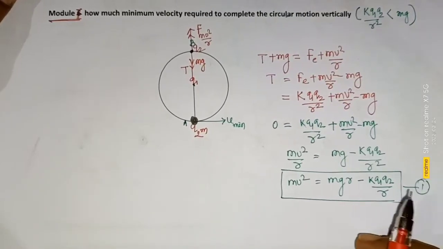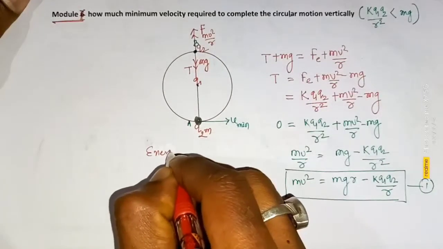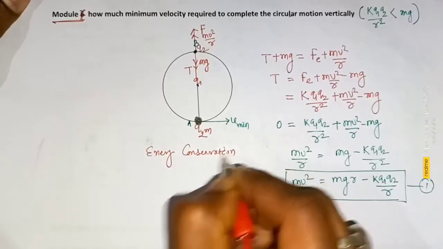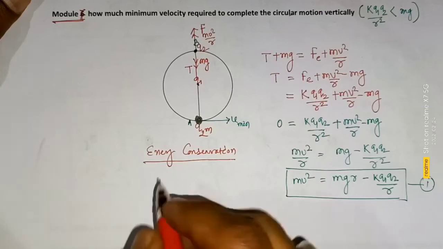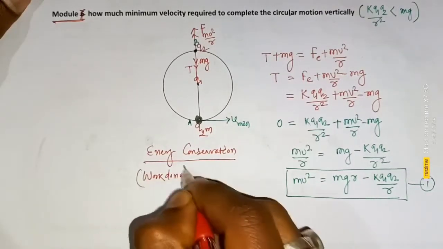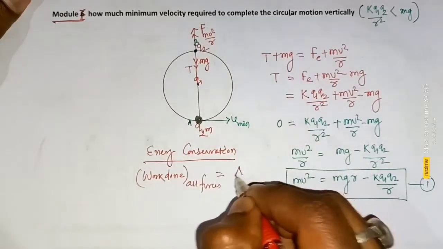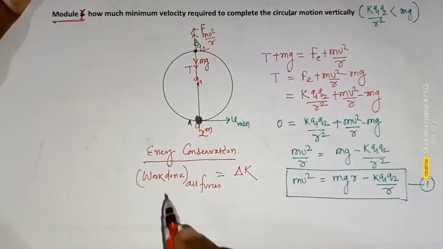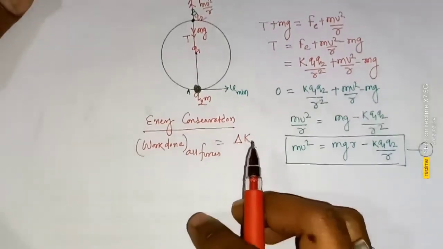Now we are using another concept, called energy conservation. Very important, energy conservation. What energy conservation principle are we using? One can say the work done by all forces equals the change in kinetic energy.